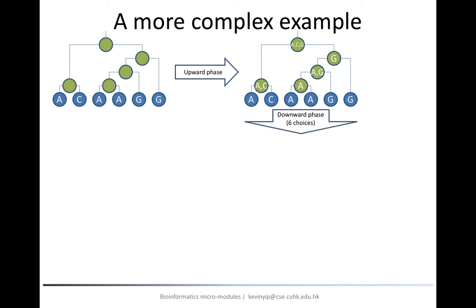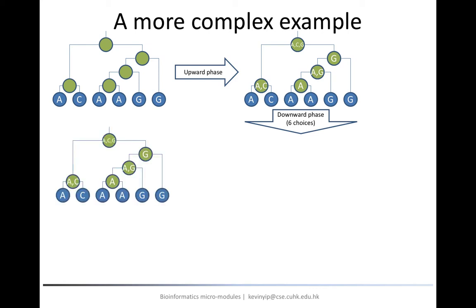Then in the downward phase, the extended algorithm produces 6 solutions in total. First, suppose the root chooses A as its choice. The left node now has 2 votes for A from the parent and the left child, and 1 vote for C from the right child, and has to choose A. The right child of the root has 2 votes for A from the parent and the left child, and 2 votes for G from the left child and the right child.